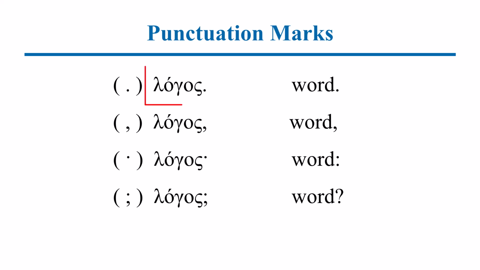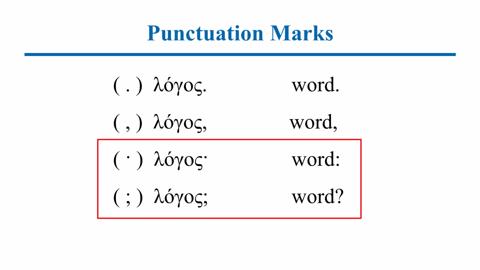So when you see logos full stop, when you're translating, this means word period, word full stop, because a period in Greek is the same as a period in English. And that is the same as a comma. When you see logos comma, this means word comma because a comma in Greek is the same as a comma in English.